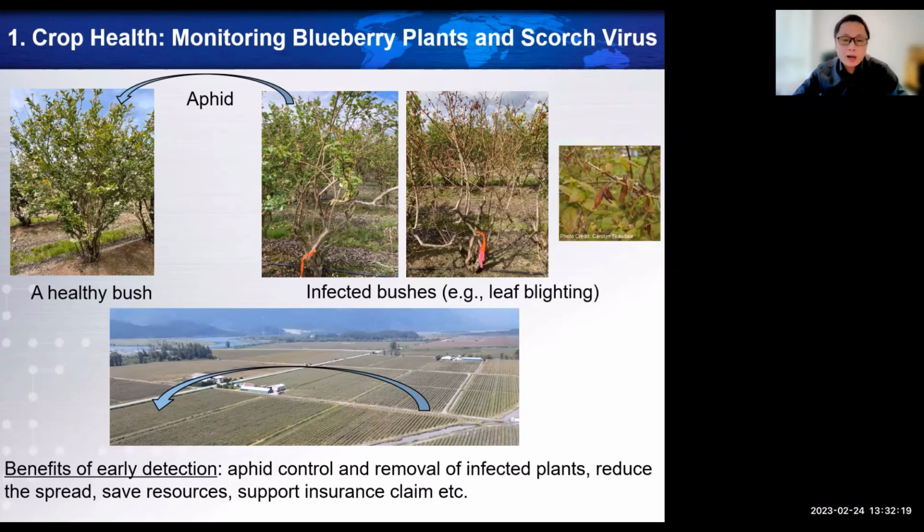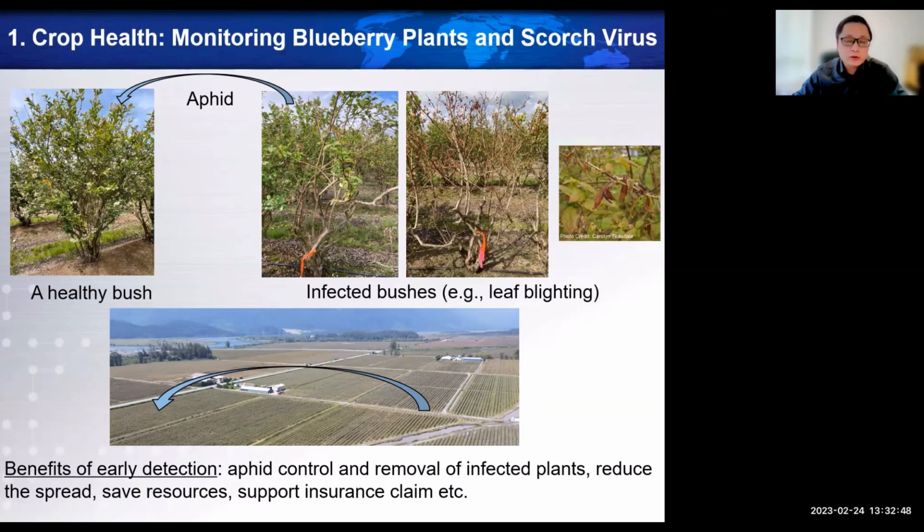That's why it is very important to detect these infections as early as possible and take timely actions, such as aphid control and removing the infected plants, to reduce the spread as much as possible. The growers can also save resources: no matter how much more fertilizer or pesticide the growers put on the infected bushes, that will still not increase yield.